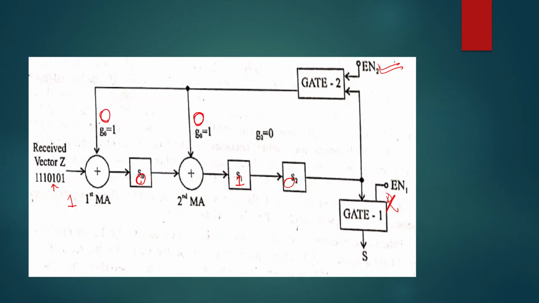Now 1 plus 0 is again 1, which gets shifted into S0. Previously there was 0, 0 plus 0 gets shifted into S0 and the 1 which was here gets shifted to S2. So the new content of the shift register S0, S1, S2 would be 1, 0, 1. So this happens when the third bit enters.